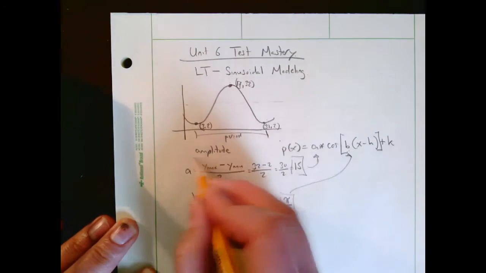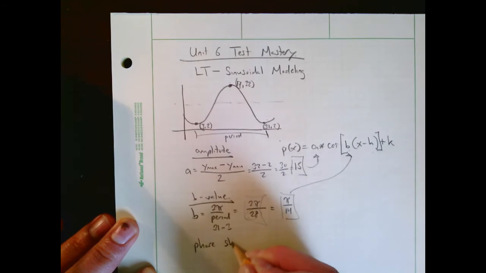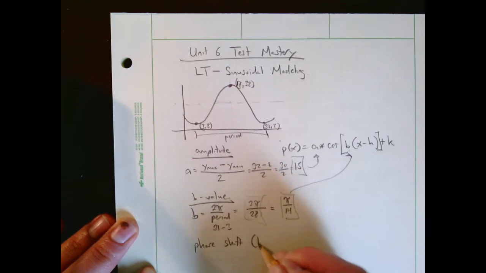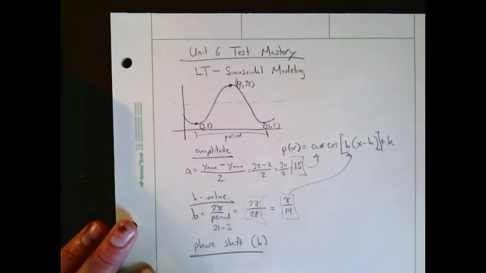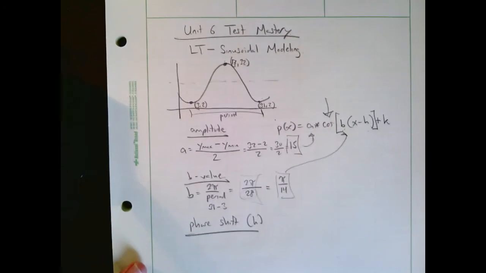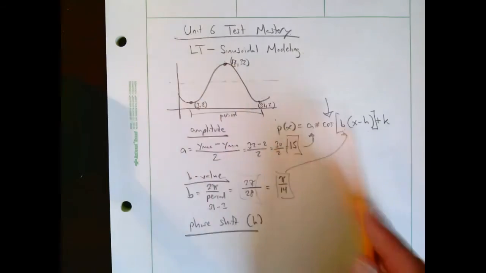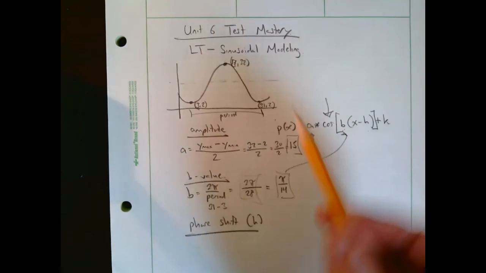Okay, let's take a look at our next one, phase shift. So amplitude, b value. Let's go phase shift. Your phase shift is your h value. And again, this is the whole reason that I only use cosine when I'm modeling. Instead of trying to fit a sine curve to this thing, there's all sorts of weird ways to do it.